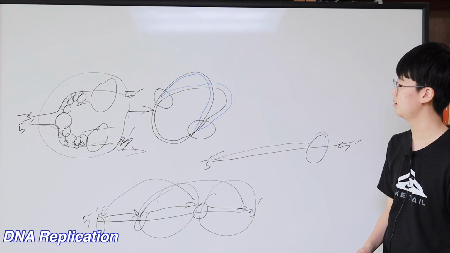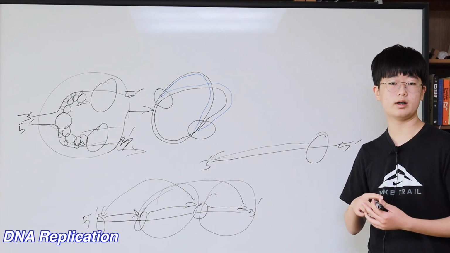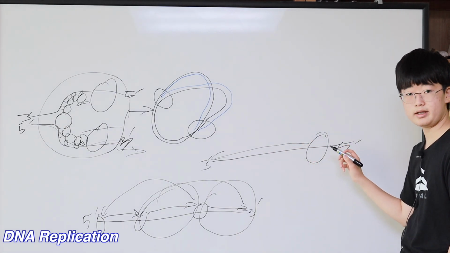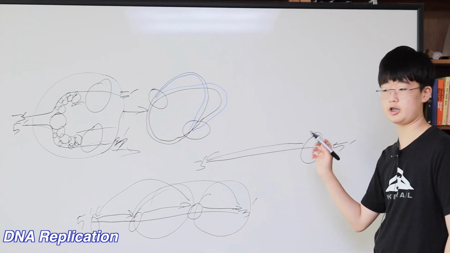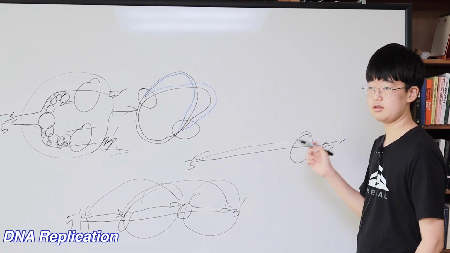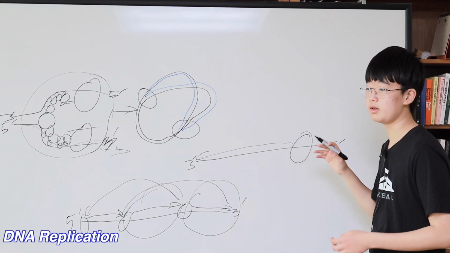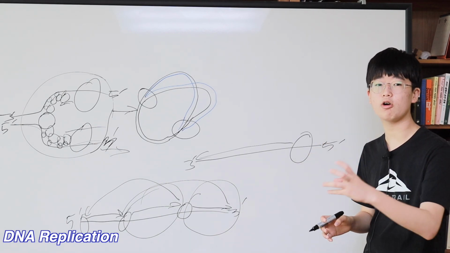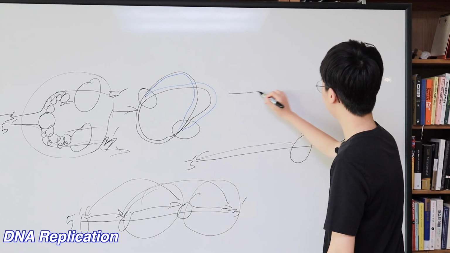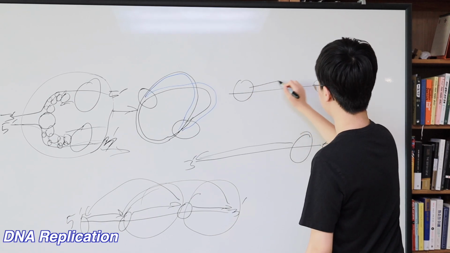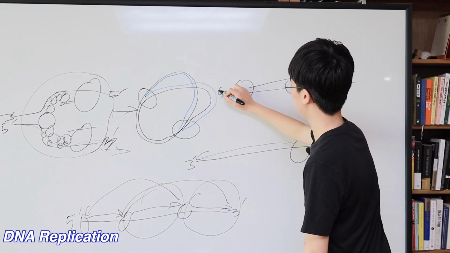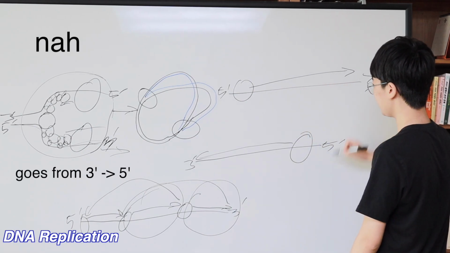And now also another very important aspect. When DNA polymerase does this job, it cannot start the replication job on its own. There has to be an RNA primer. So if it's going like that, well, this will be 5 and this will be 3.